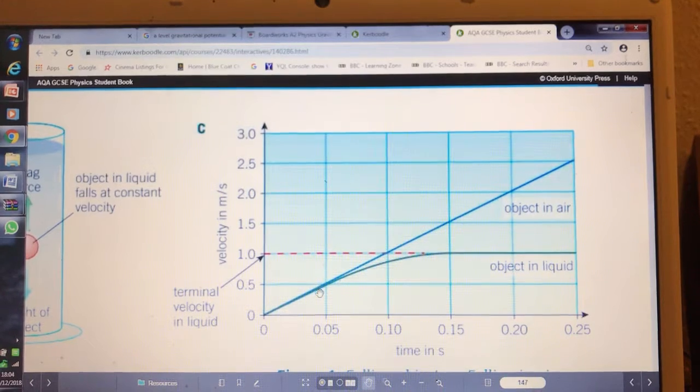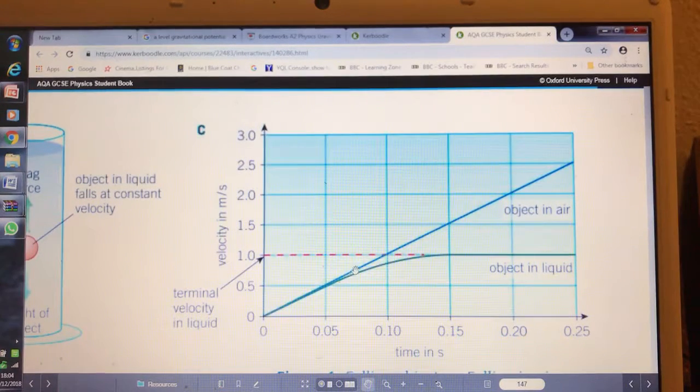However, the object is going to reach terminal velocity in a very short period of time.